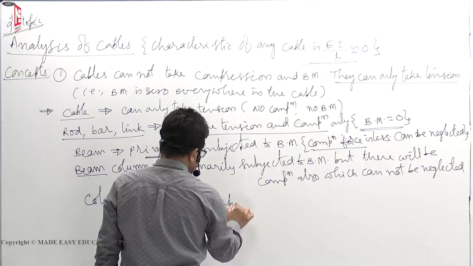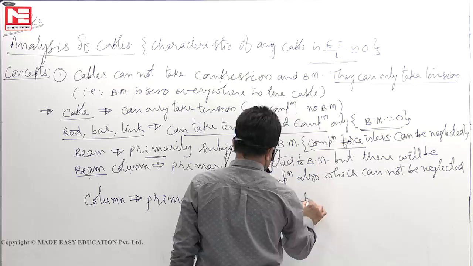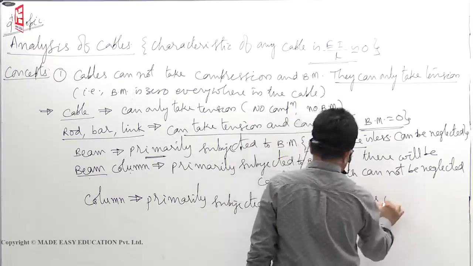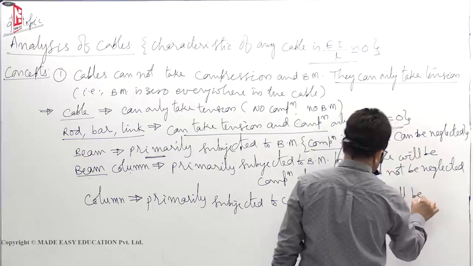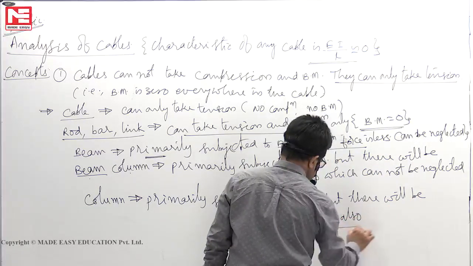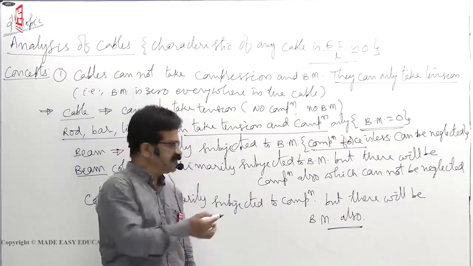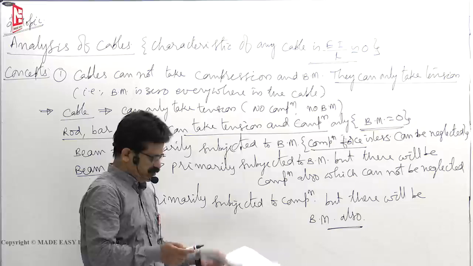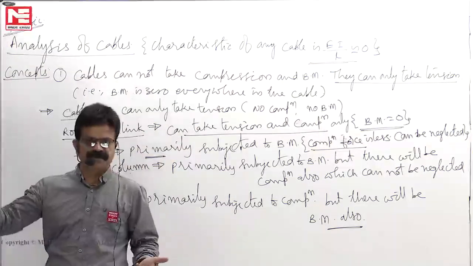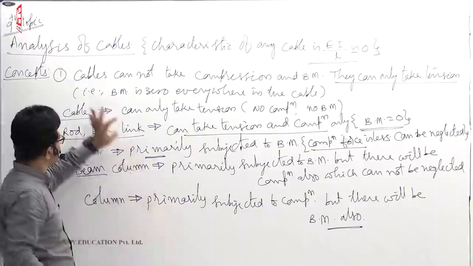If bending moment is not there, then we call it a strut. Only compression means strut. It is like a truss member.